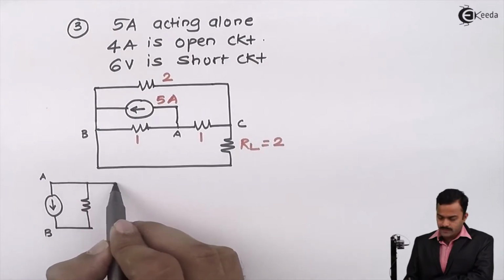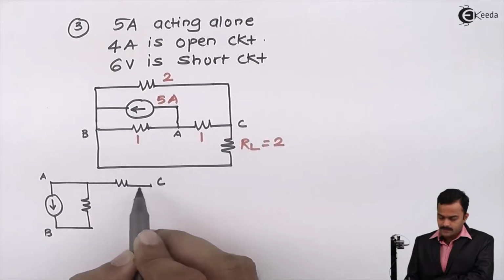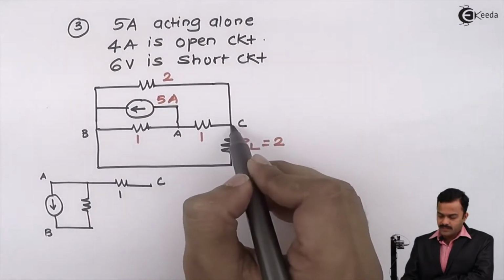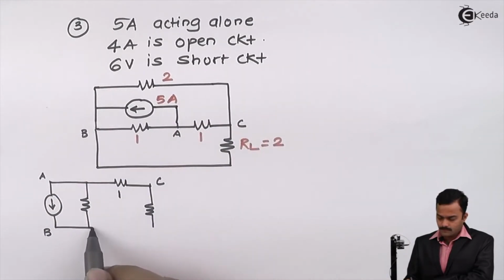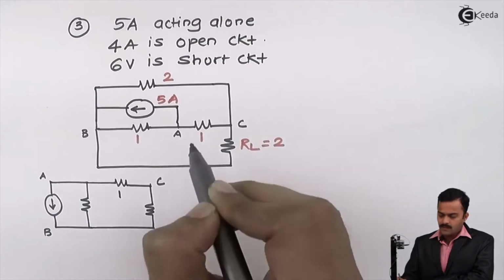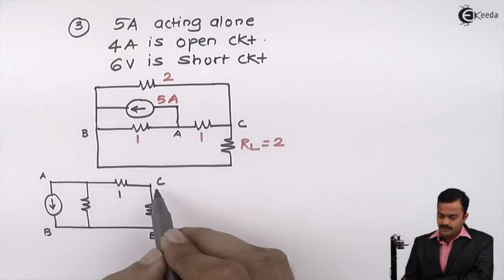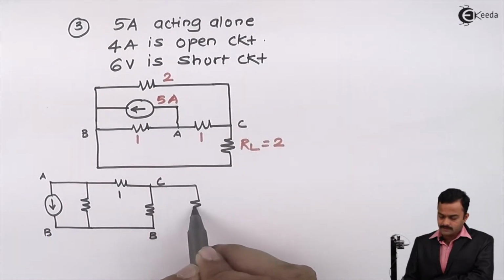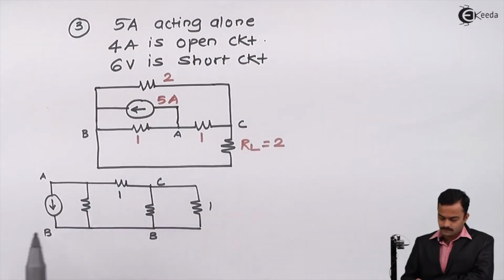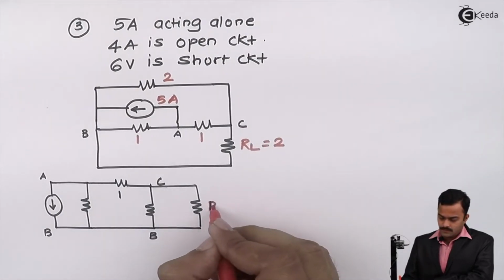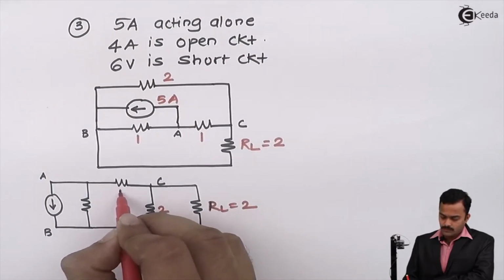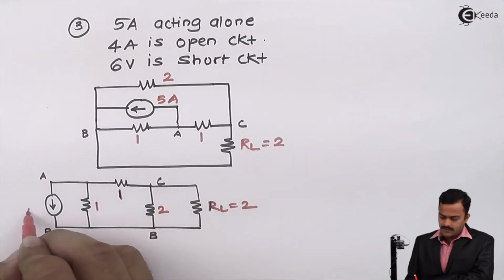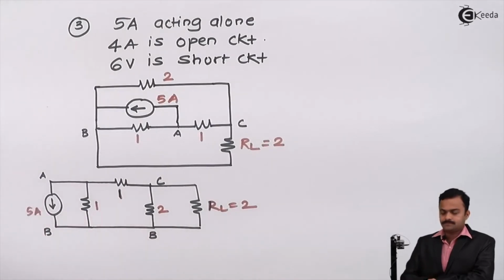From C to B there is 2 ohm resistance, and from C to B there is also the load resistance. So load resistance of 2 ohm, this is also 2 ohm, 1 ohm, 1 ohm, and this is 5 ampere.